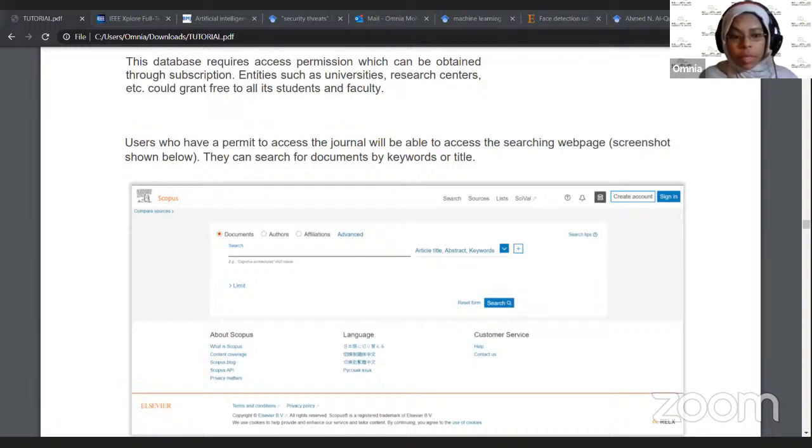So we can make a search, for example, on the same topic, security in 5G networks. We can also use the operators that we talked about. Here we can see all the publications that have been published in this field.